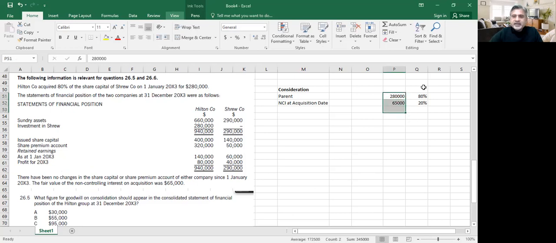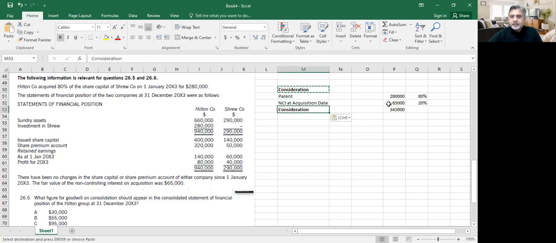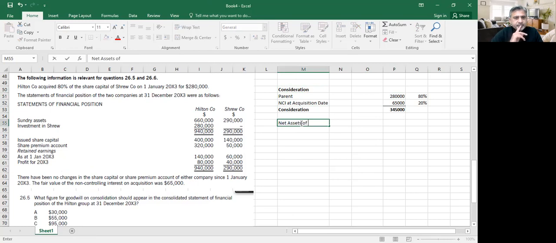So we know that the consideration which has been transferred is 345,000. Then we say net assets of which company? Net assets of the subsidiary at acquisition. It is very important to mention that this is at acquisition, and we've got share capital, which was 140,000.